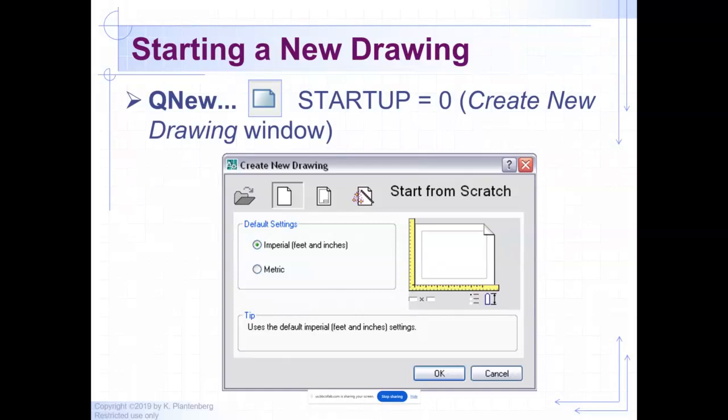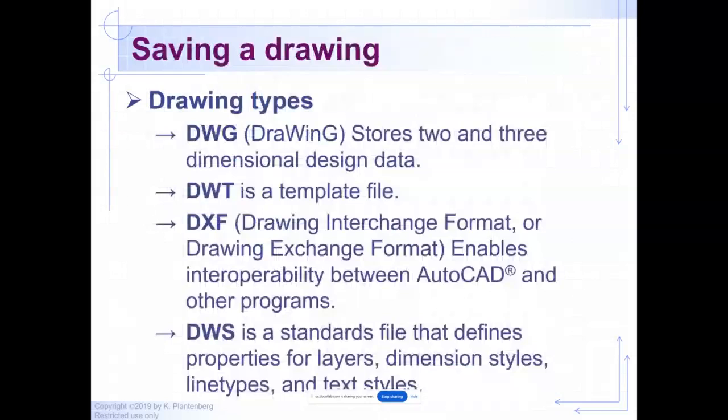So I guess it depends on how you have new set up, which is Q new. Or I guess also it would be the little new button there with a piece of paper. But anyway, I don't use this, but this is the wizard, the little wizard thing that it has. And it says that you can do metric. It's not really metric, but anyway, it doesn't change your units.